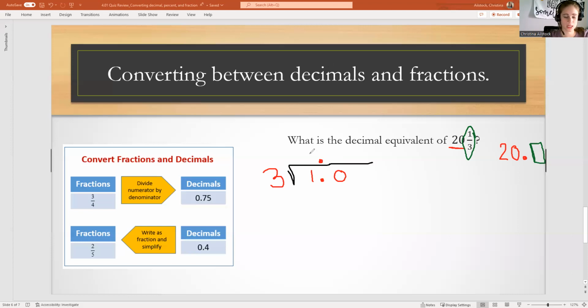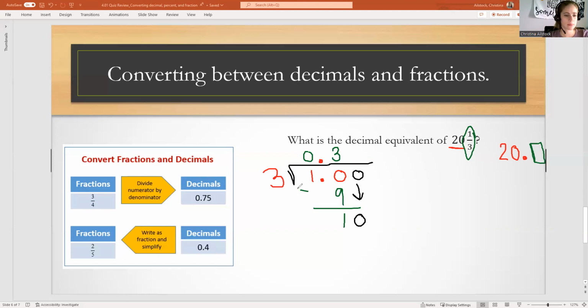So we already said 3 cannot go into 1 at all, but how about 3 into 10? That can go 3 times. 3 times 3 is 9. So 10 minus 9 is 1. Add another 0 and bring it down. You get 10 again.